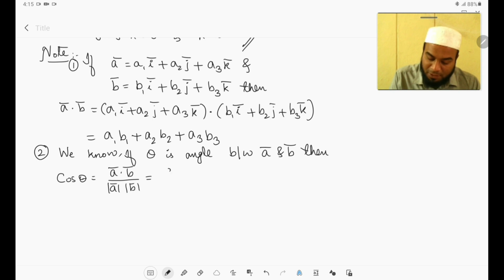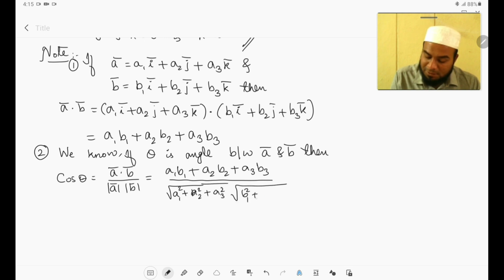So how do we get the formula? It will become a1 b1 plus a2 b2 plus a3 b3, divided by square root of a1 square plus a2 square plus a3 square and b1 square plus b2 square plus b3 square, right?